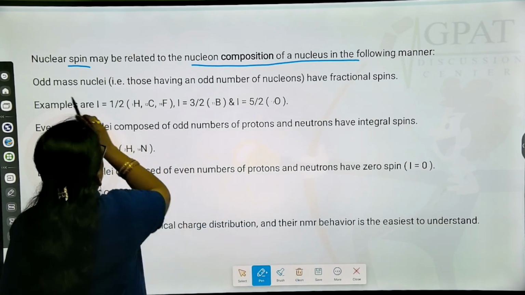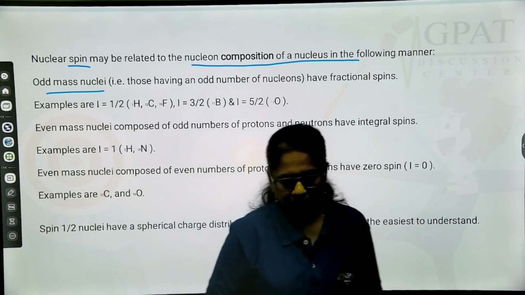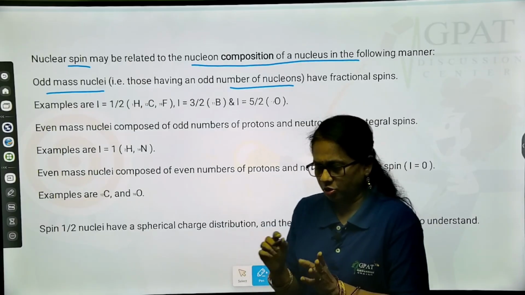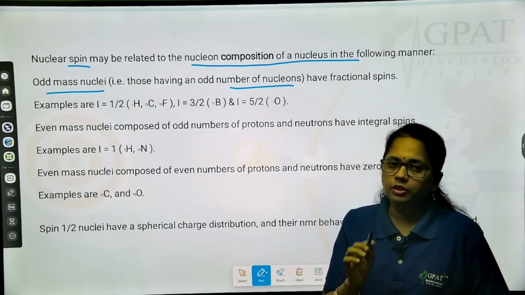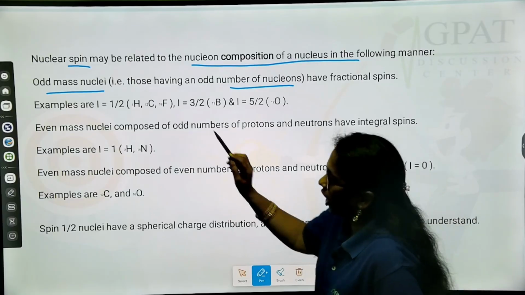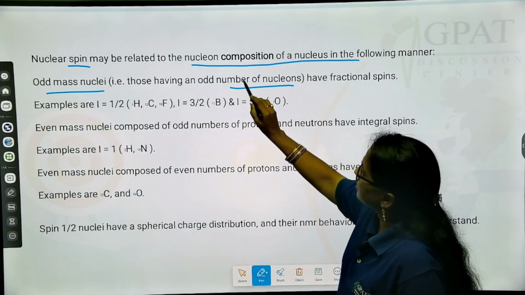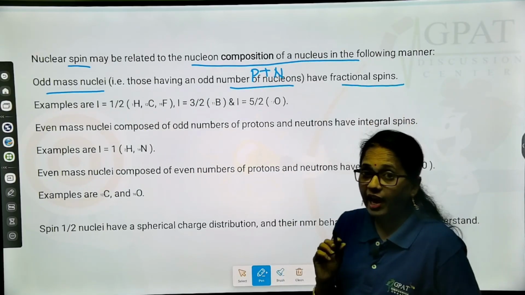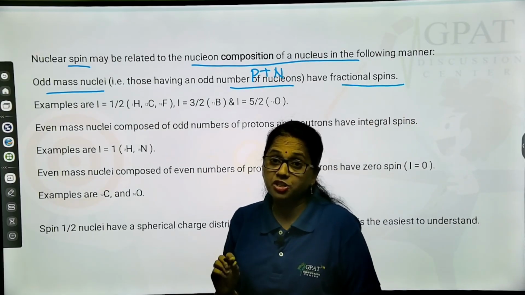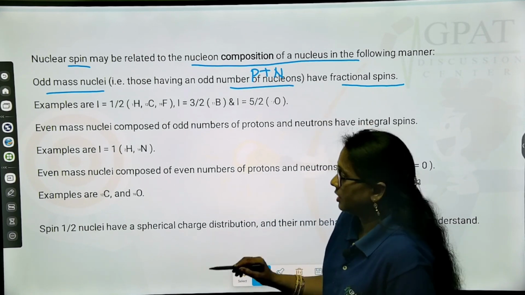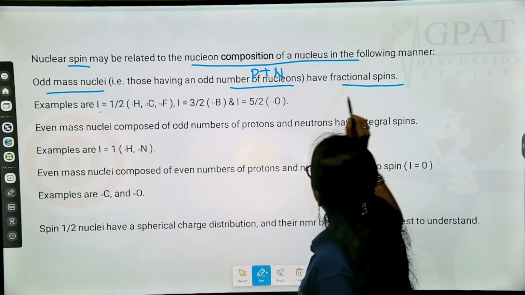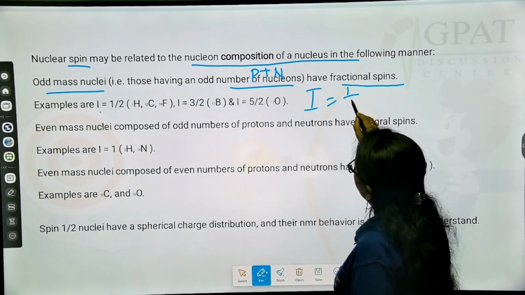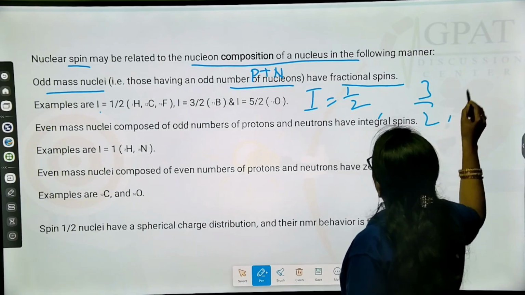If it is an odd mass nucleus, the total of protons and neutrons is an odd number, which gives a fractional spin quantum number. We represent the spin quantum number with I, for example 1/2, 3/2 or 5/2.